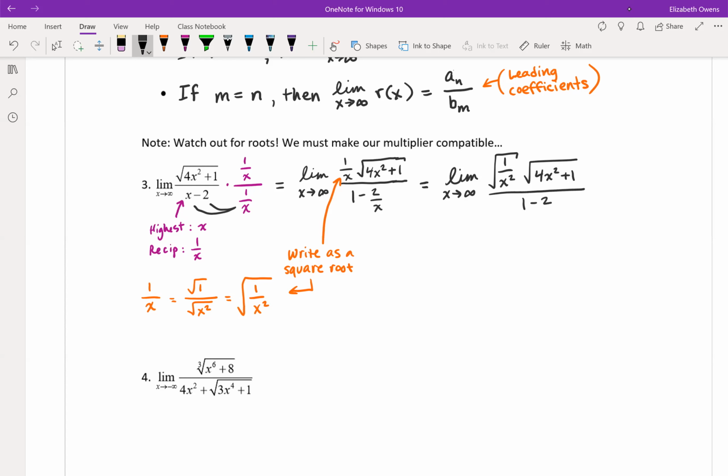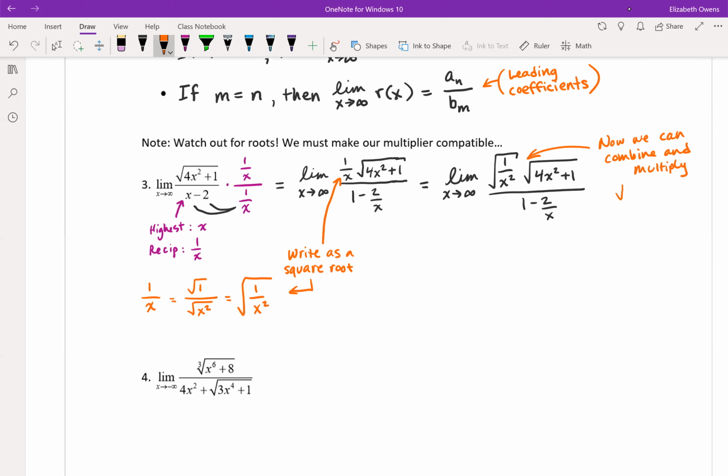Still got 1 minus 2 over x in the denominator. But this is advantageous here because now that both of the terms in the numerator are underneath square roots, now we can combine and multiply.